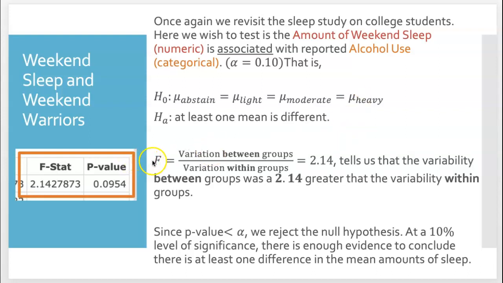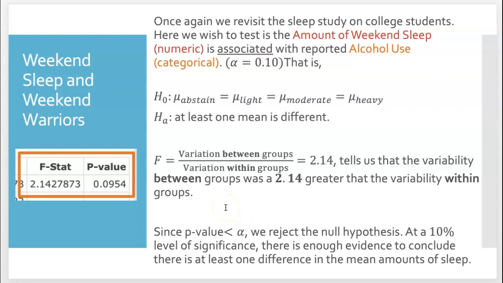We calculate our F statistic, which is variation between groups over variation within groups, and we get 2.14. This tells us the variability between groups was 2.14 times greater than the variability within groups. In this case, our p-value was 0.0594. Pretty much what they did is find the probability of observing 2.14 and larger values, assuming the null hypothesis is true.